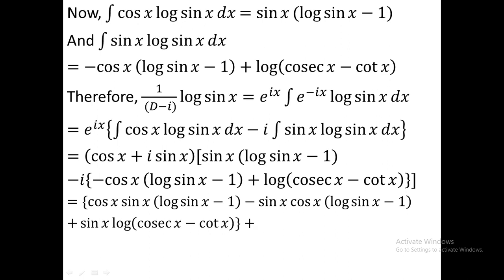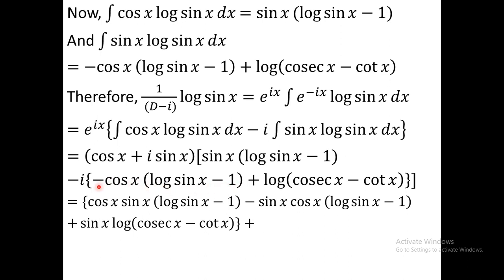This is the real part, and to find the imaginary part you have to product the real part of the first factor to the imaginary part of the second factor, and the imaginary part of the first factor to the real part of the second factor. At first we consider cos x in the real part, there is the real part from the first factor to the imaginary part in the second factor.